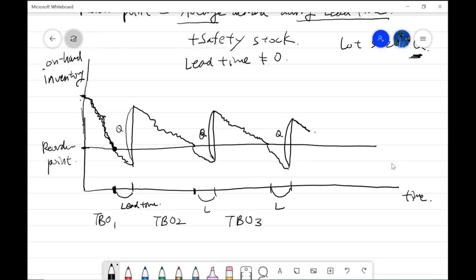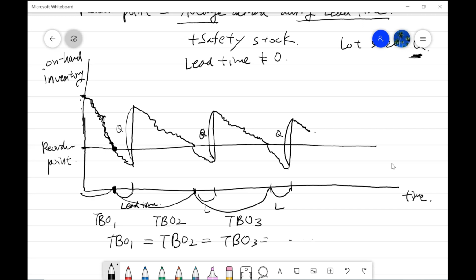So here the time between order 1 is this one, time between order 2 is this one, and time between order 3 is this one. So my question is whether the first time between order and the second and third ones are the same.